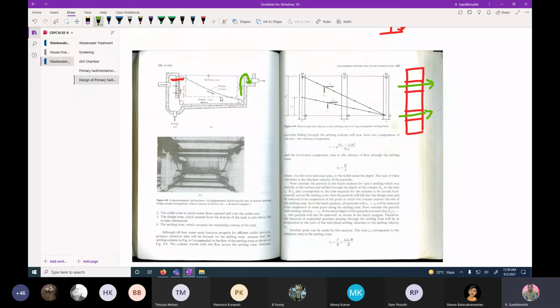Therefore, the performance of the system depends on the settling velocity. Now you can see this is the primary sedimentation tank. In the primary sedimentation tank, they have introduced the settling column.